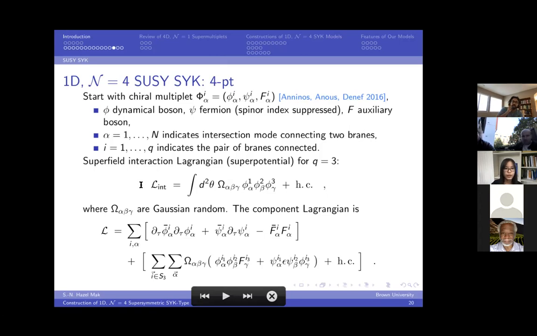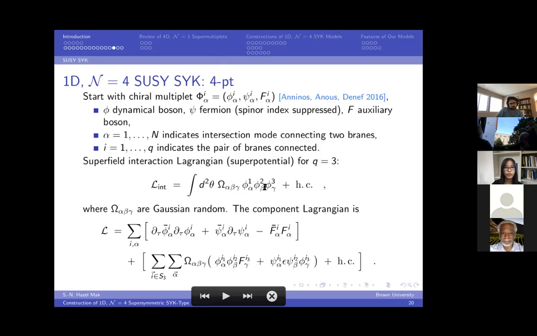So this is the superfield Lagrangian. Here it looks like these are component fields, but then it integrates over superspace. What they mean is you have a superfield, and when you go to the lowest component, it will be this component. So it's actually a free superfield sitting here. And this omega is the analog of the CIJK, so this one is Gaussian random.